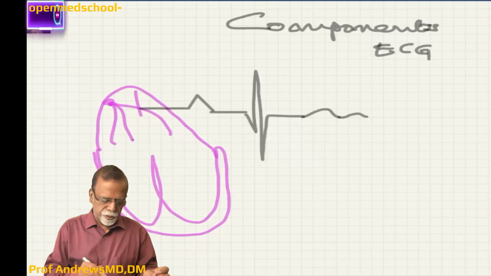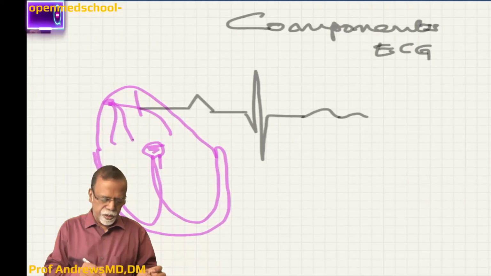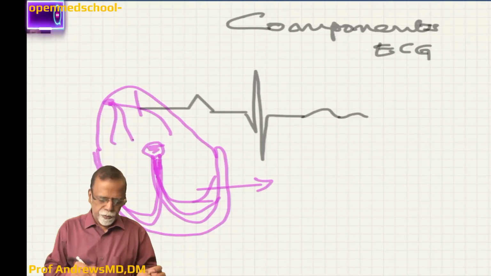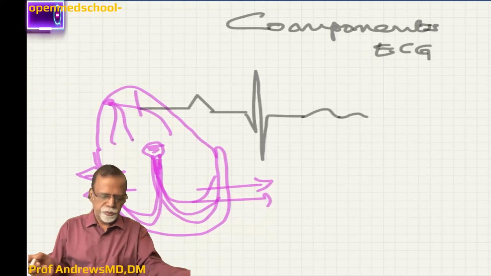The impulse reaches the AV node, where there is a delay. It divides into the right bundle and left bundle. The left bundle divides into an anterior division and a posterior division, and the electrical impulses for depolarization go on from endocardium to epicardium.